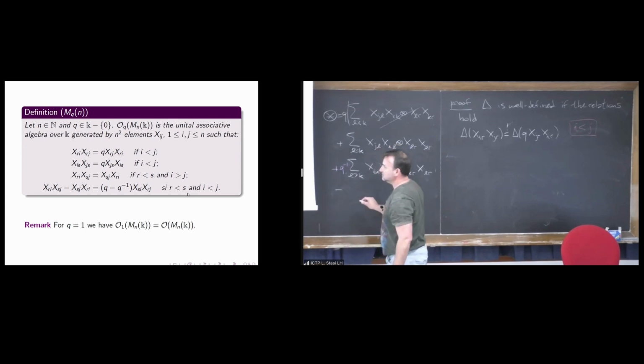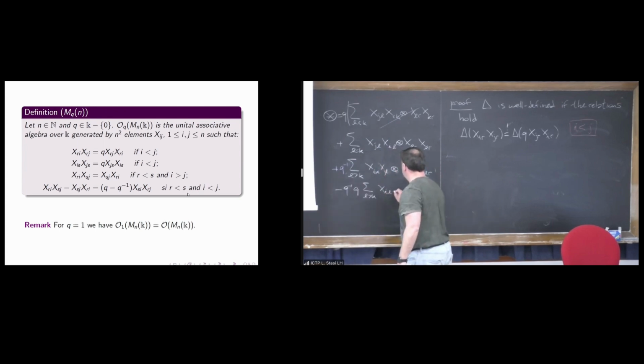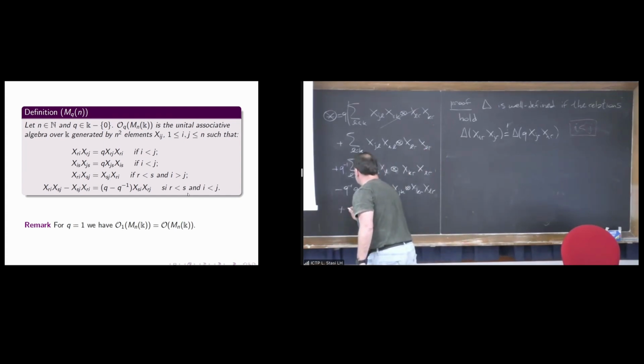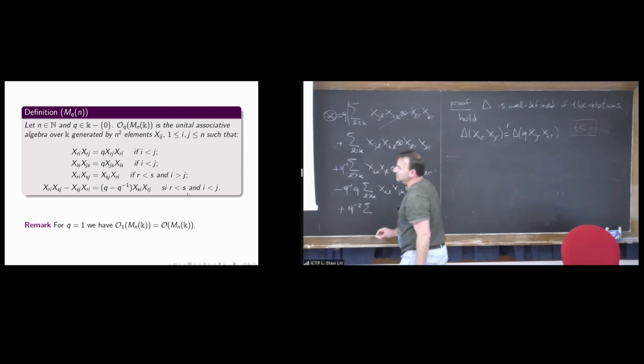So with the minus, it was a q minus 1, and I take a q of the sum of the first change, IL XJK, plus q minus 2 with this one.